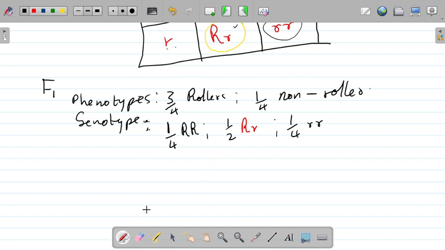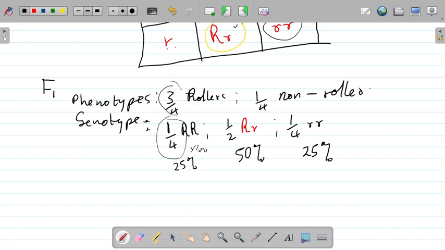If you are called to represent this in terms of percentages, basically you take this multiplied by 100. This will be 25%, and then this will be 50%, and this will be another 25%. This is representing this information in terms of percentages.